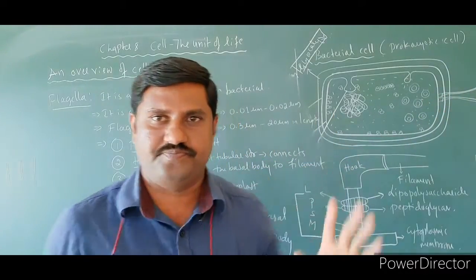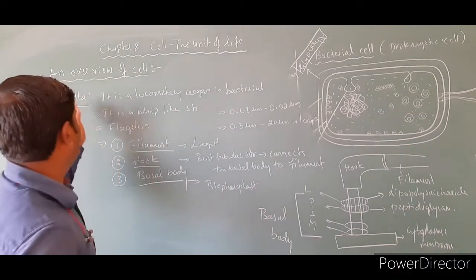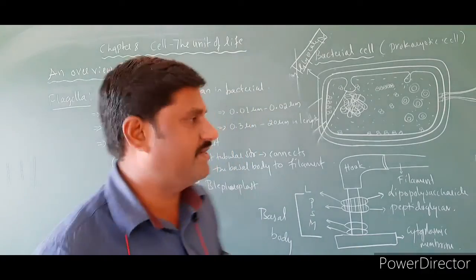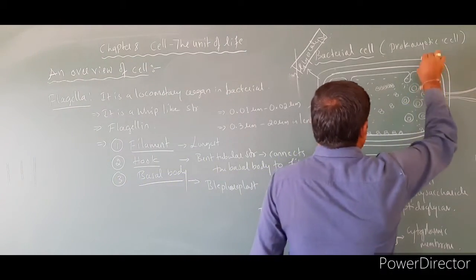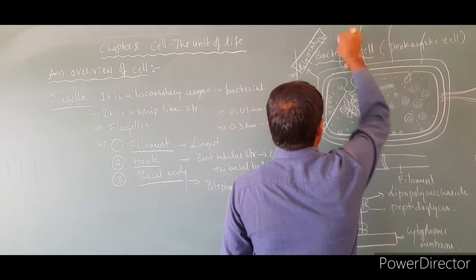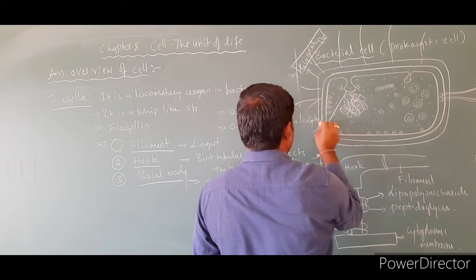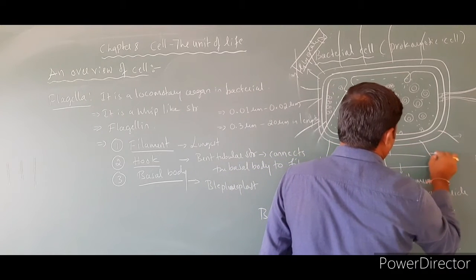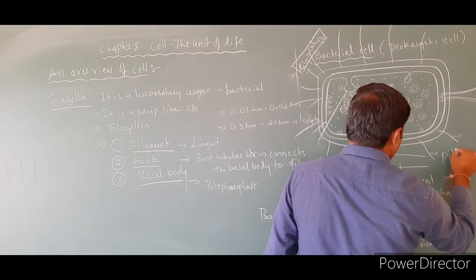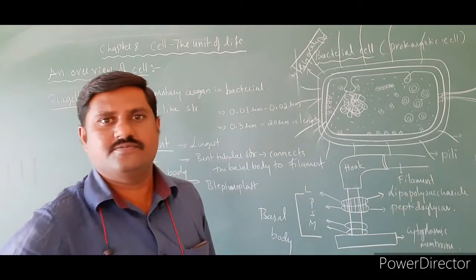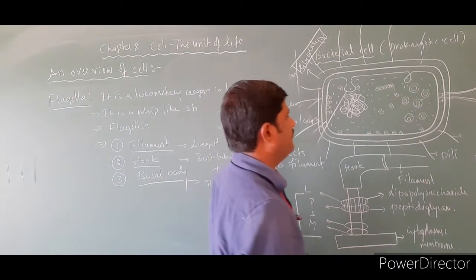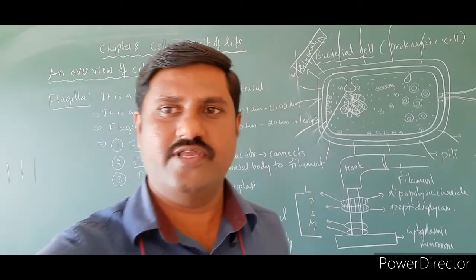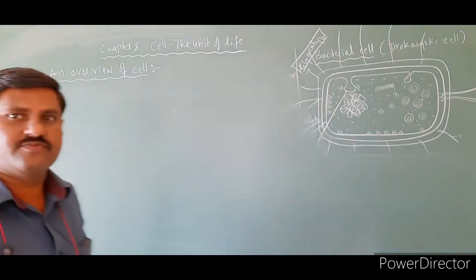So this is one locomotory organ that we come across. Along with this, some other structures that we come across are extensions called pili, as well as fimbriae.